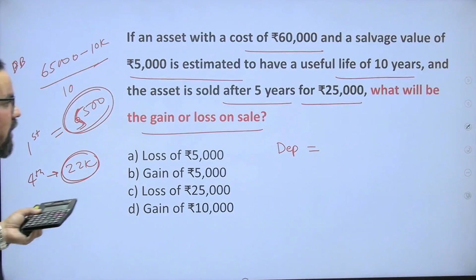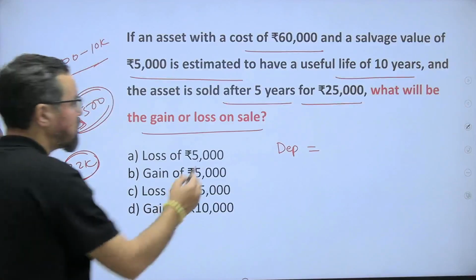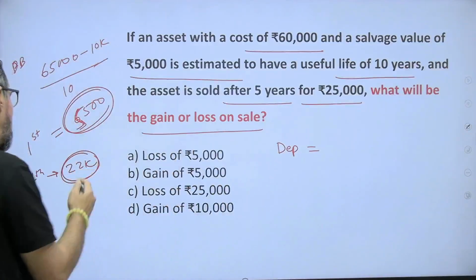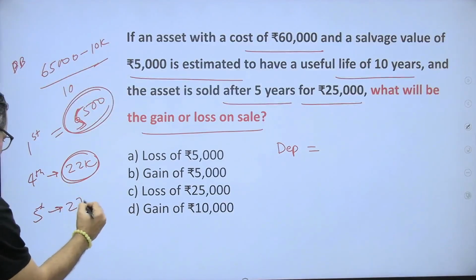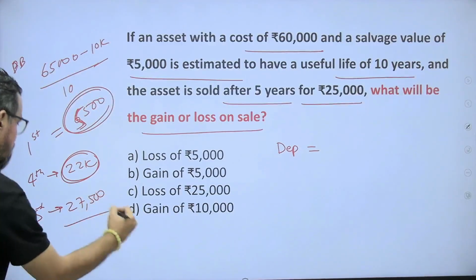So it was 33,000, and they sold after 5 years. Sorry, we have to calculate for 5 years. 55 into 5. So the 5-year depreciation was 27,500.